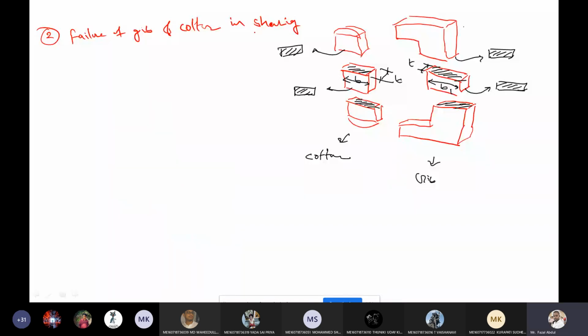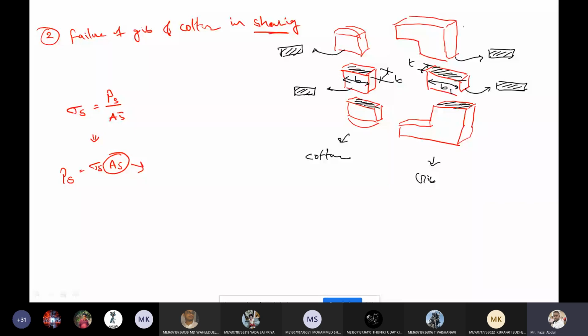Because this is failure in shearing, I am taking the shear stress, that is shear load divided by shear failure area. Now this equation may be written as PS equal sigma S into failure area under shear. Now what is the shear area here?